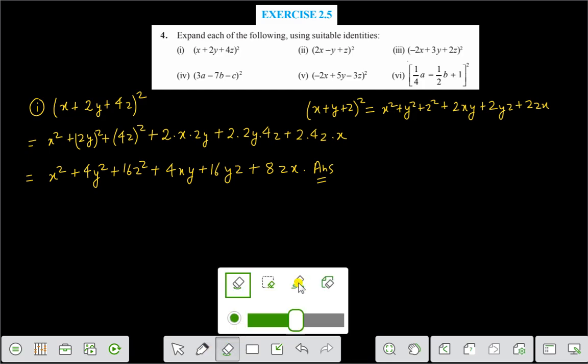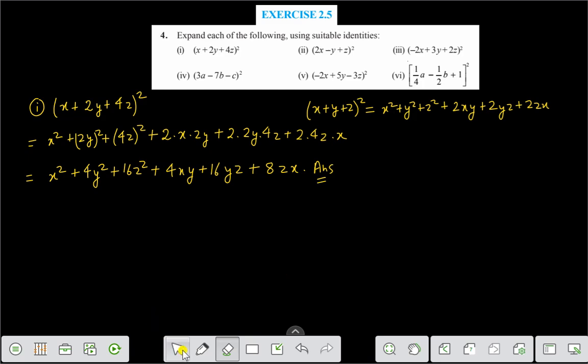Let's solve question number 2. Question number 2 is 2x minus y plus z whole square. We use this identity again, x square plus y square plus z square plus 2xy plus 2yz plus 2zx.